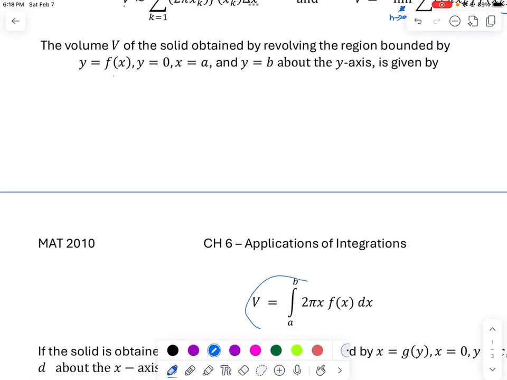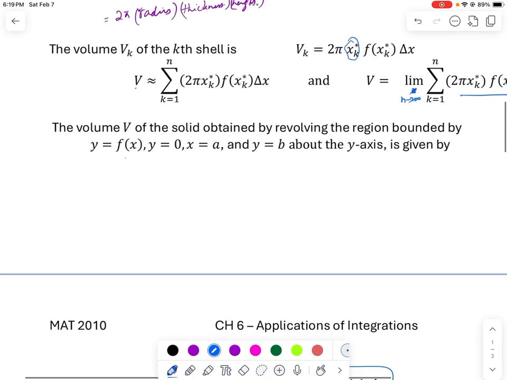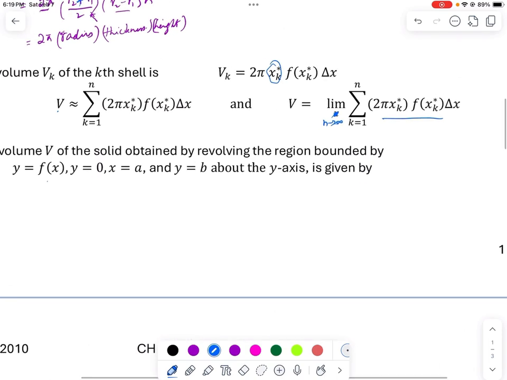Notice here, from the limit of the Riemann sum, the 2 pi remains 2 pi, xk star is arbitrary so it becomes x, f of x dx. Delta x becomes dx. This is our formula for finding the volume.